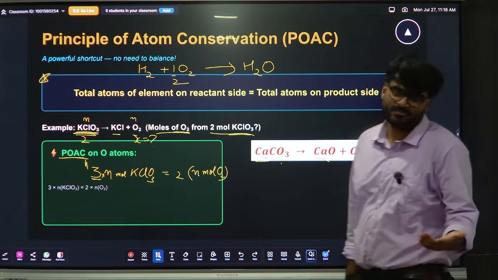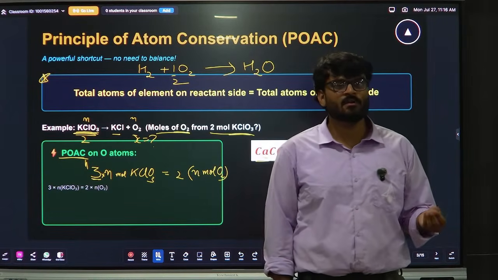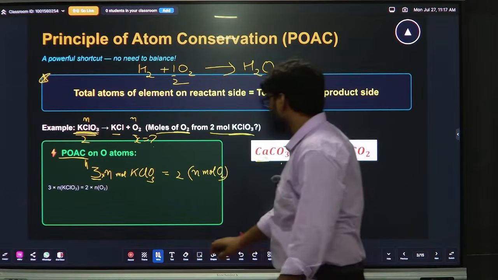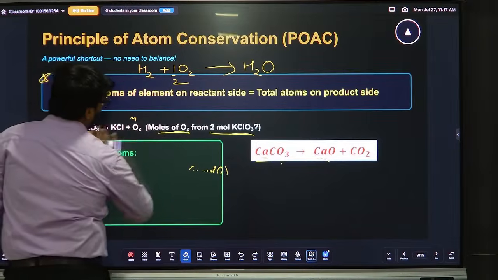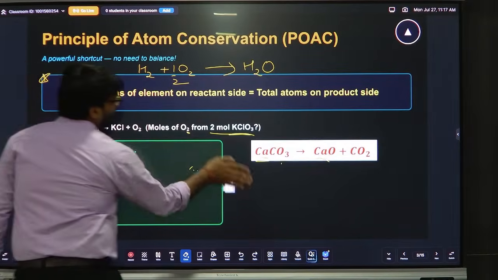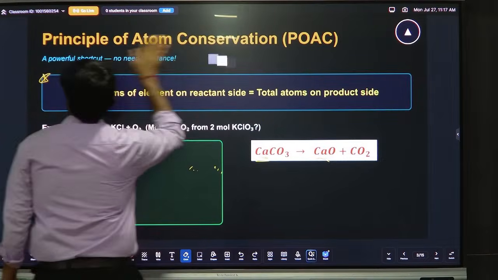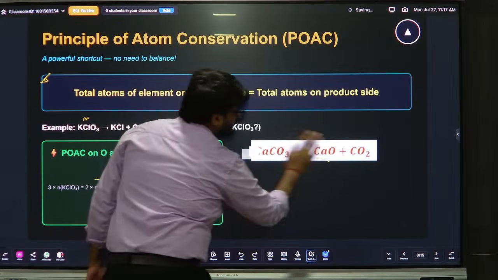Since we have time, we can discuss POAC, the principle of atom conservation. So what does the principle of atom conservation tell you?